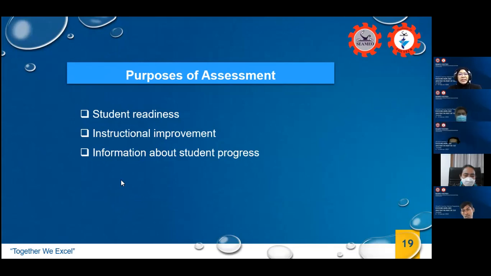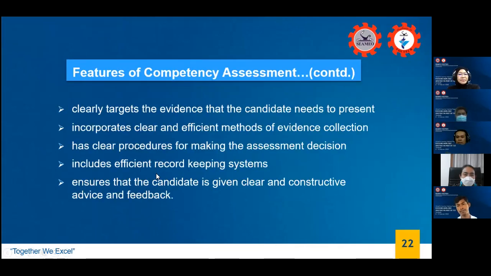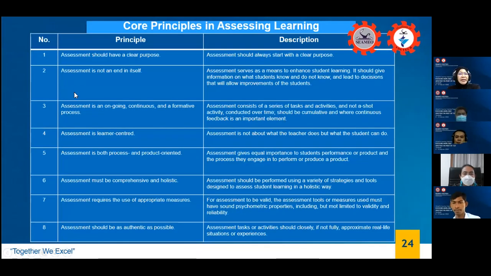Okay. So this is actually the basis of what you do here. Assessment is not an end to itself, meaning to say, if you find out that the student is not doing so well, our role is to find ways to help our student go from doing not so well to doing well.